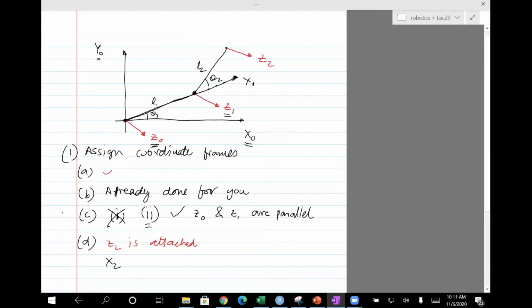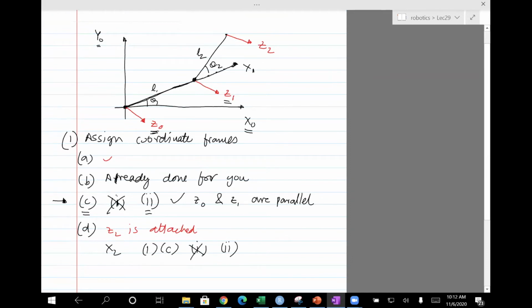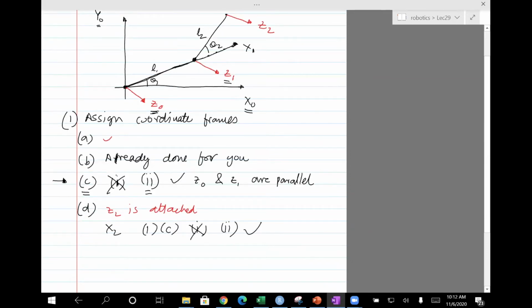Well, we'll have to go back to C, because C gives us the relation between Zn and Zn minus 1. So to attach X2, we need to go back to 1C, and then we need to go through case 1, which is, are they not coplanar? That's not true. So we'll rule this out. We go to 2. 2 says, are Z2 and Z1 parallel, which they are. So we'll apply number 2.